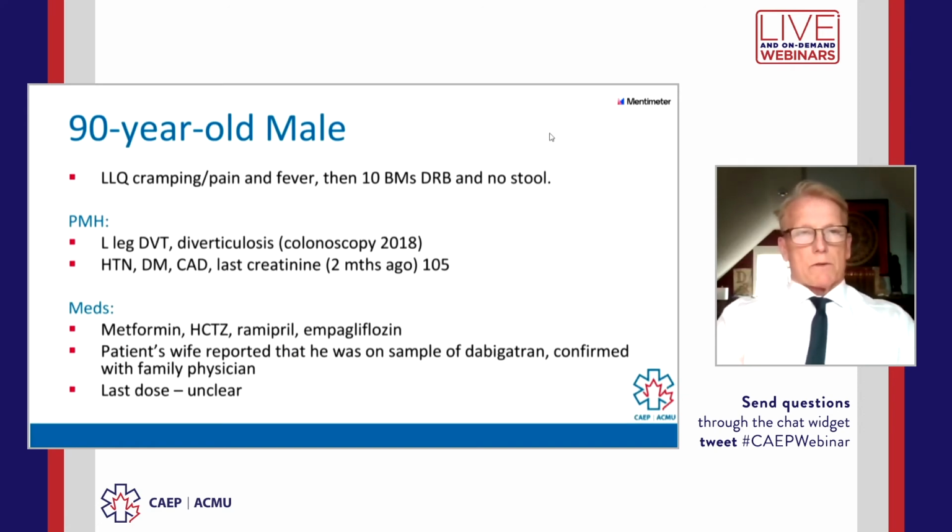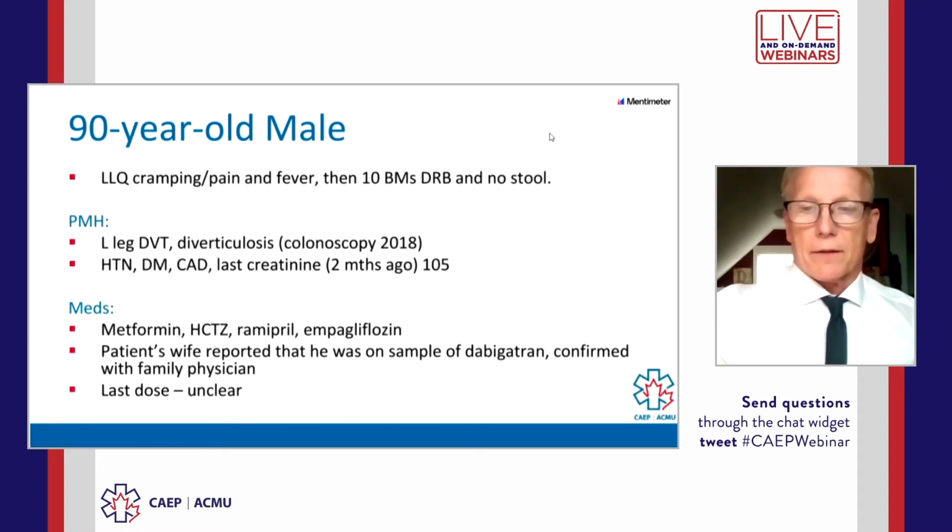On this person's PharmaNet, the dabigatran didn't show up. And again, if the wife wasn't there to explain to us, or if the patient couldn't explain, say if it was an intracranial hemorrhage, we wouldn't have known that he was actually on an anticoagulant.